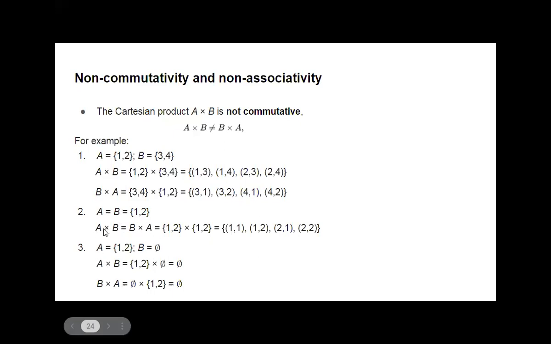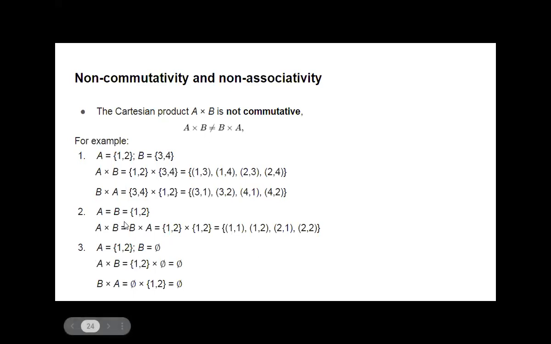See here, A cross B is equal to B cross A. Why will it be? Examples 2 and 3 are the exceptions. What are the exceptions? See here in the second example, A and B both are same. So we can write A cross B equal to B cross A.